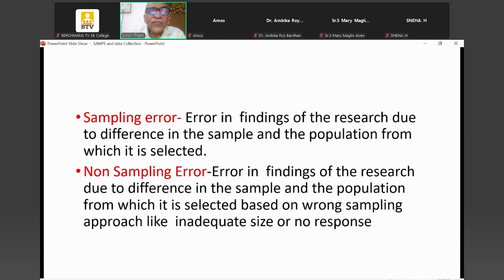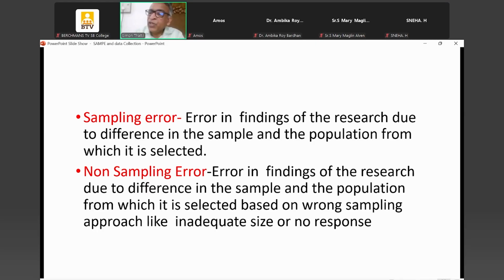It is error in the findings of the research because there is a difference between the sample and the population which is selected. So your findings are going wrong because there is a difference in the sample and the population. For example, in the blood test that I'm doing, I'm taking some blood, and this blood is showing some parameters, maybe of platelet or HB count or something like that, which is different from the population.